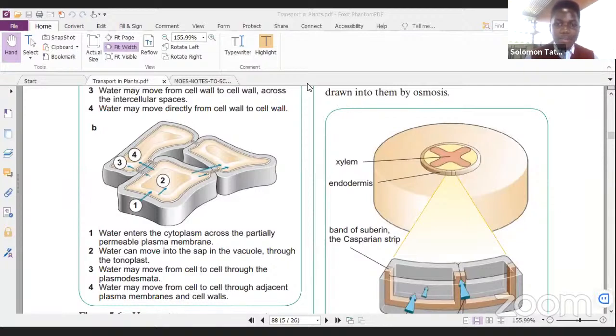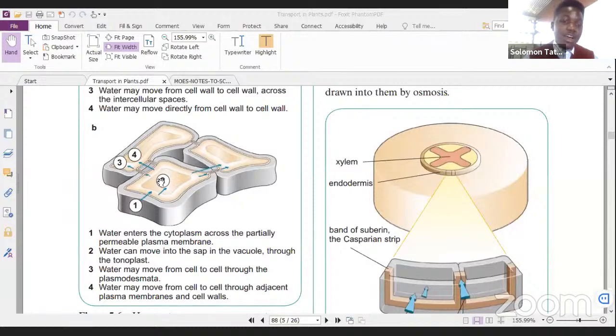So, okay. The reasoning behind it is that when you look at the symplast and the vacuolar, they are all using, at least at a certain point, the cytoplasm. And what do we find in the cytoplasm? We find other organelles. If you have drawn a plant cell, you know that we have a ton of organelles in the cytoplasm.